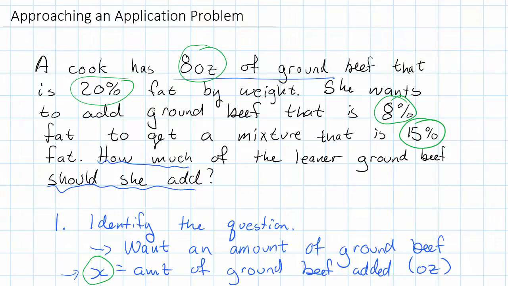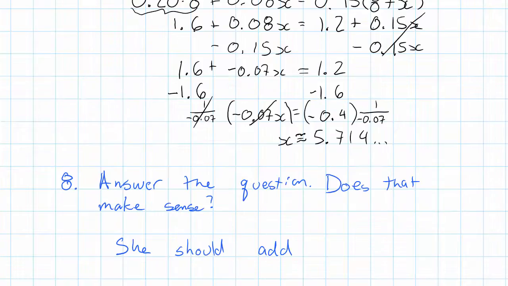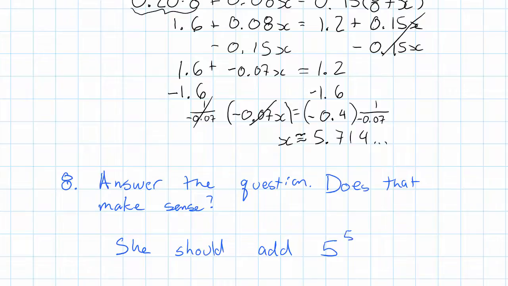Let's see, we got an awful number. We'll make it into a mixed number, that's okay. Does it make sense to add 5 and a bit ounces of ground beef? Yeah, sure. So, she should add 5 and, let's see, take off the 5, get a fraction, 5/7. 5 and 5/7 ounces of ground beef.